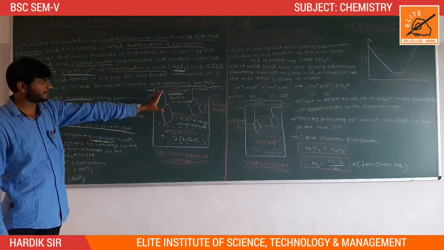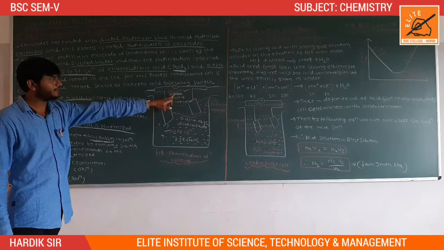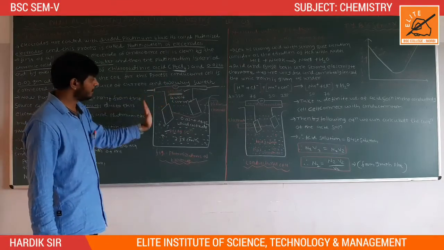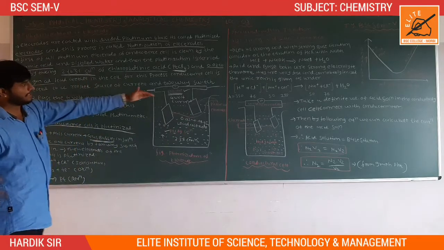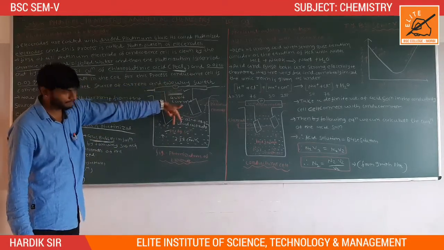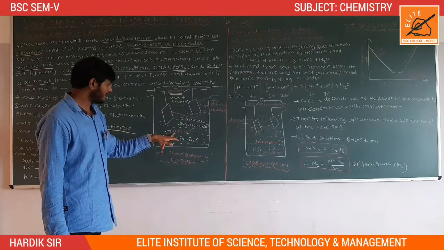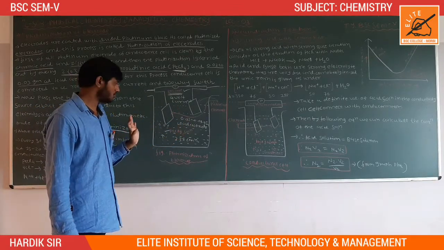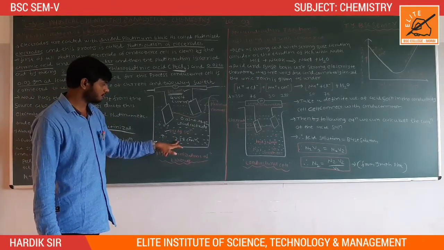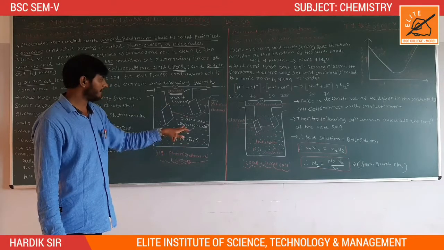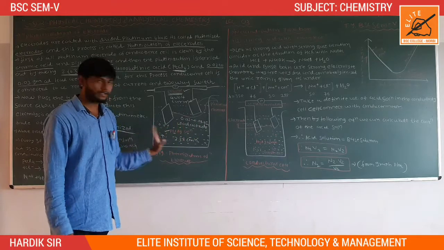Every 30 seconds pass the current from the two-way switch, which is connected with the rheostat, and the rheostat is connected with the two platinum electrodes dipped into the solution of PtCl4, that is chloroplatinic acid at 2 to 3% concentration, and lead acetate 0.0 to 0.03 gram is added.